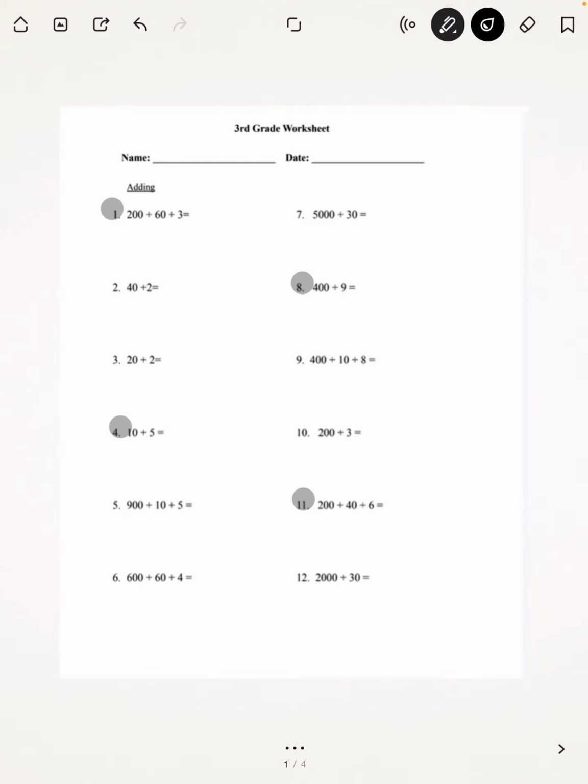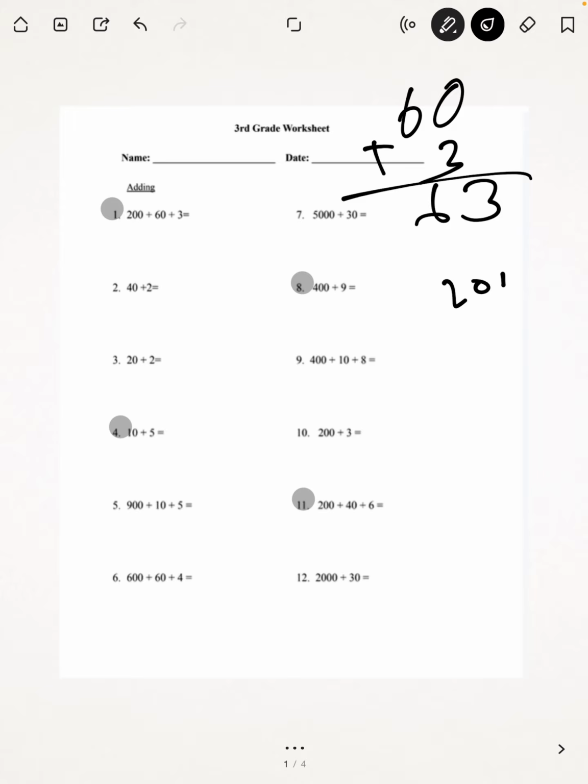You just add that, which is 60 plus 3, and if you do that, it's 63. All you need to do is add 200 to 63. And then, boom. Then this one is 263.